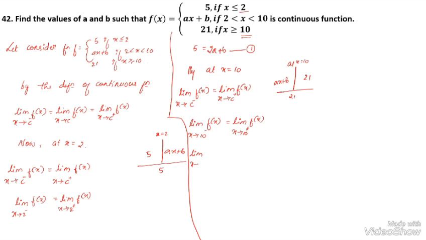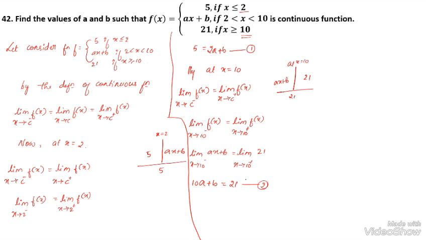Limit x tends to 10 minus of ax plus b is equal to limit x tends to 10 plus of f of x, which is 21. While substituting the value of x as 10, that is 10a plus b is equal to 21.